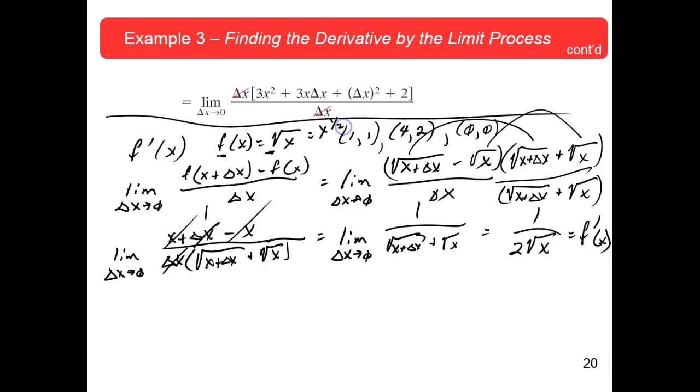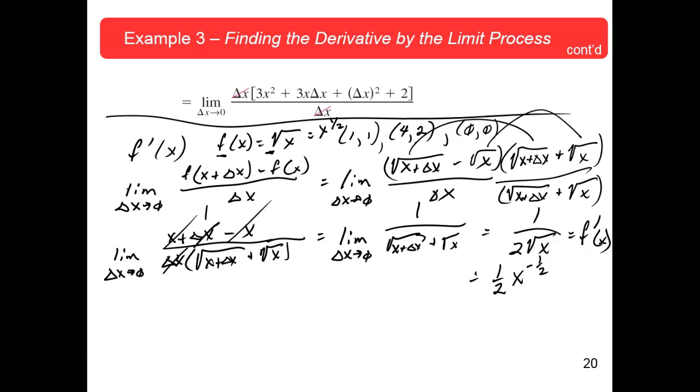To the 1/2. The square root of x is the same as x to the 1/2. Got it? So what would this be then? This would be 1/2 times 1 over the square root of x, so that would be x to the minus 1/2. I just wanted to say that for now. Later we'll come back and remember that. Here, it doesn't really matter.